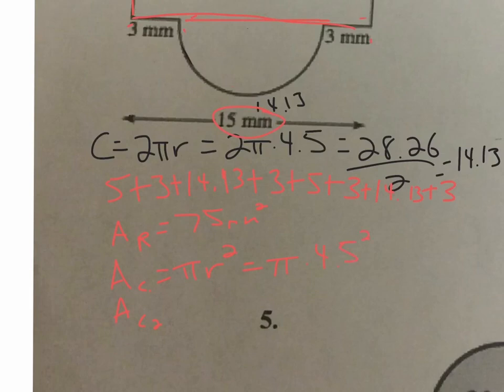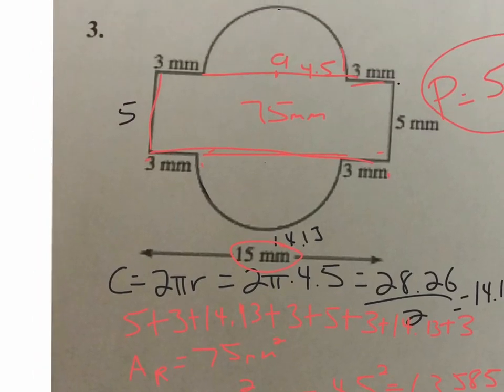So when I type that in my calculator, 4.5 squared times 3.14, I get 63.585. Remember, that's the whole thing, but we're only talking about half, so I divide by 2, and I end up with 31.7925, which is the area of circle 1. The area of circle 2 should be the same, 31.7925.